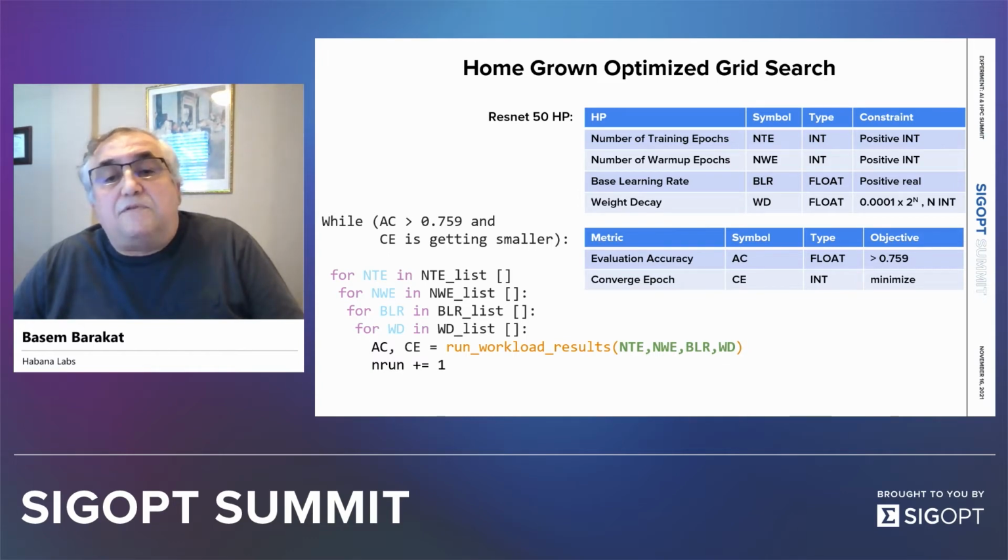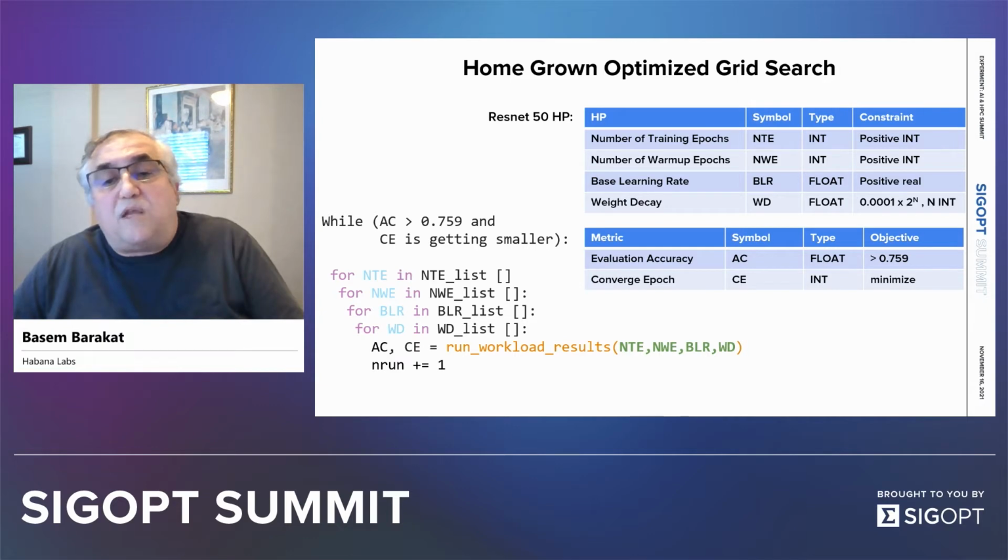We have the number of epochs, what we call the training epochs. And then we have the number of warm-up epochs. That's important for the scheduler as it brings the base learning rate during that warm-up epoch to its maximum value.